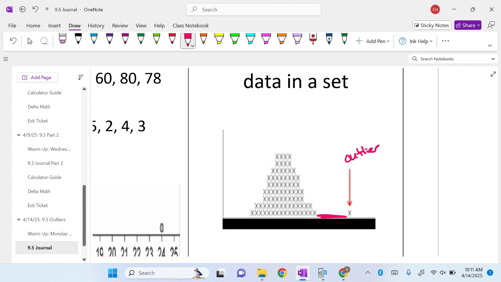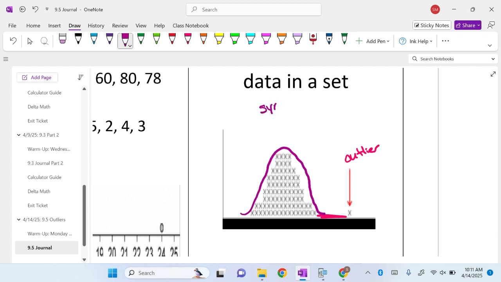Now, if we were to describe this shape, this is why outliers are a pain, because they can mess with the shape of our data. Because if I did not include the outlier, what's my shape? It's symmetrical.